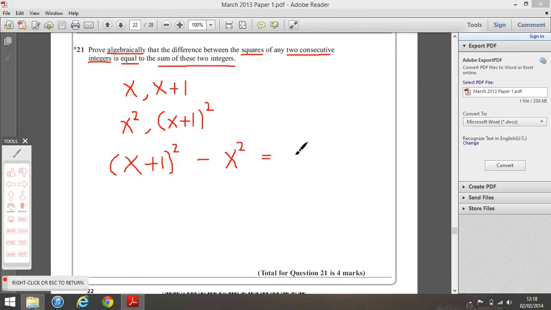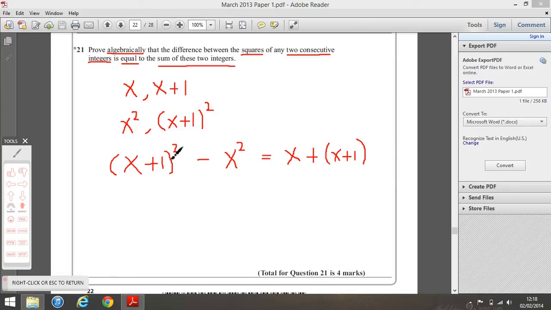So it's going to be x plus x plus 1 because that is the sum of our two integers. Okay, so all we need to do is we just need to prove this equation here. So starting with the left hand side, x plus 1 squared minus x squared, let's try and expand this bracket out, simplify it, and what we should get is this expression here on the right hand side.